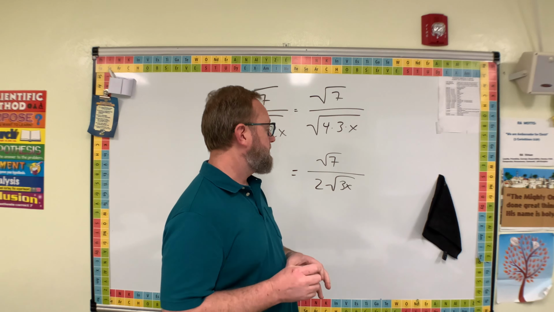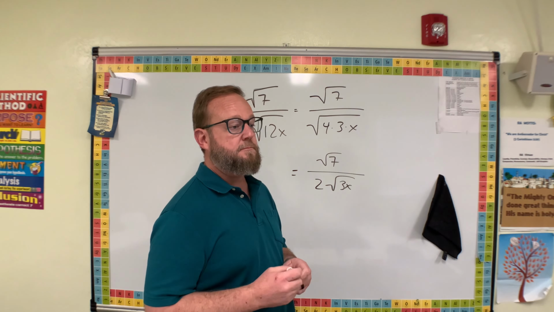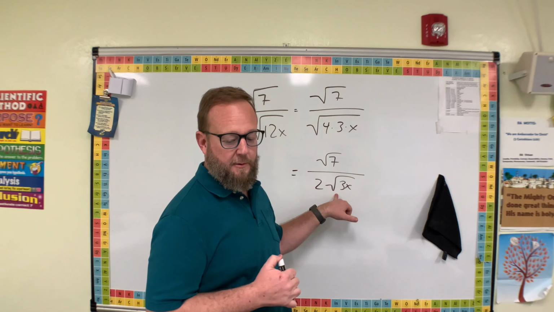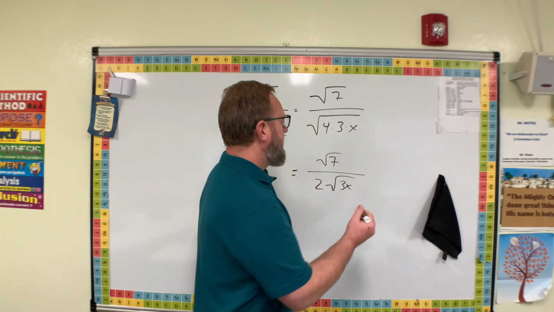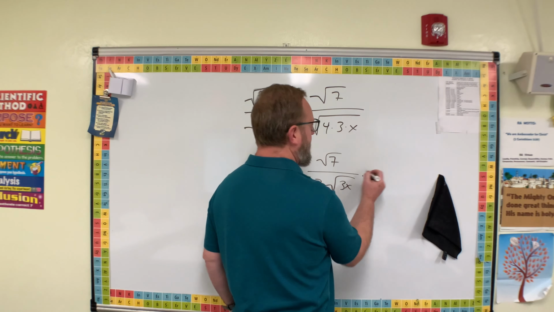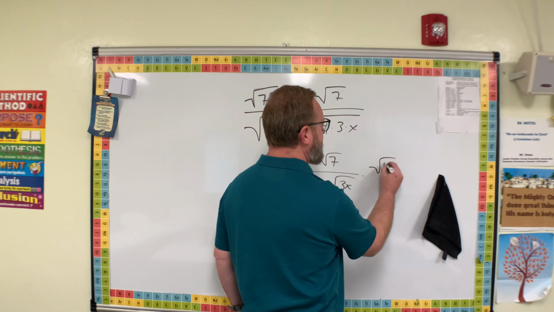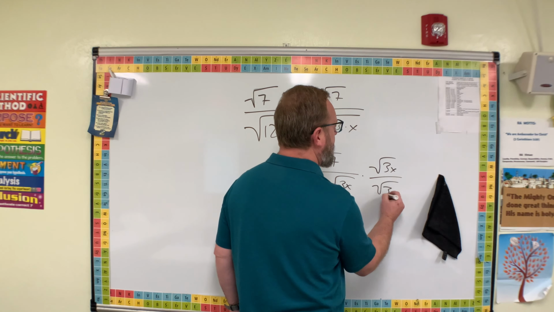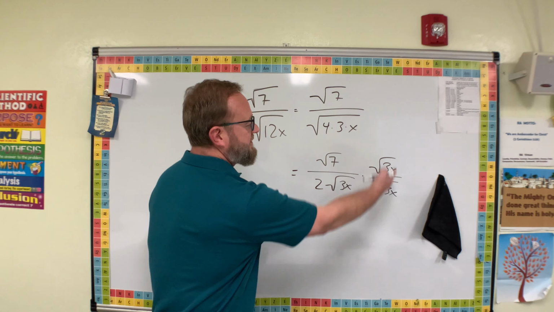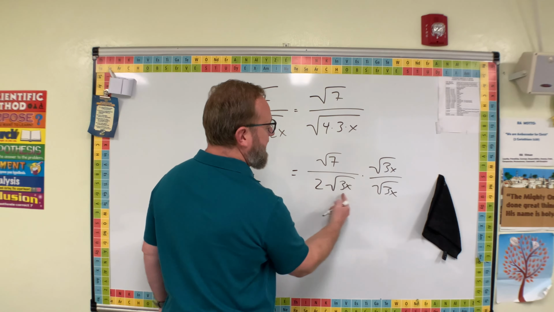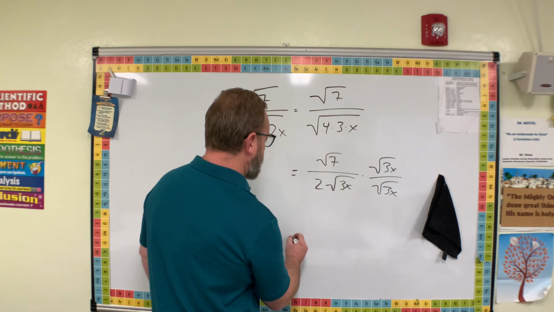Can't really simplify it. Well, we gotta get rid of this in the bottom, so how do we do that? We do about like we did on the other step, we're gonna multiply this whole thing by 1, but in this case, square root of 3x over square root of 3x. Because this is still equal to 1. Multiply these two together is gonna give me what?